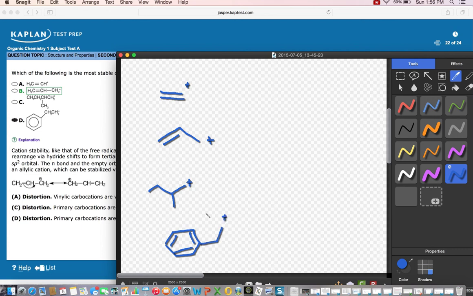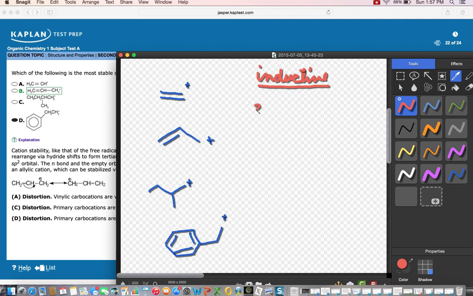Now, there are two driving forces for stability of carbocations. One is the inductive effect. The inductive effect is a consequence of orbital overlap with the empty p orbital that results from the carbocation's sp2 hybridization.